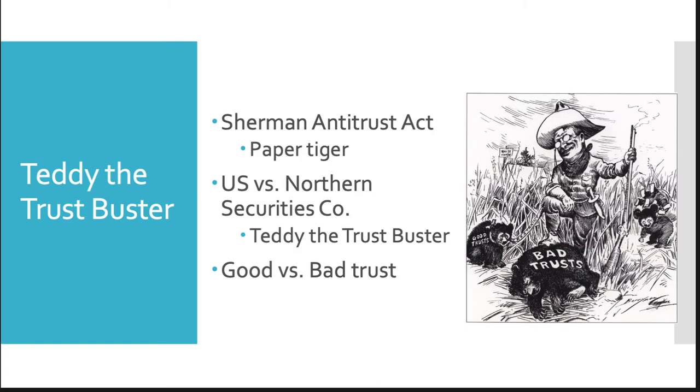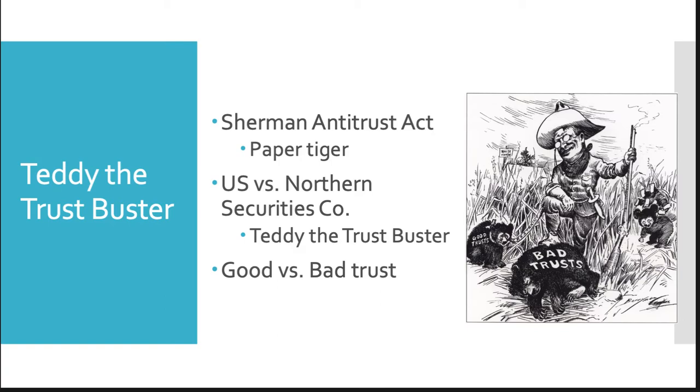We were seeing J.P. Morgan consolidate another railroad line where if this merger were allowed to happen, the competition in the Transcontinental Railroad would essentially be eliminated. Morgan would have had control over the railroads across the United States.